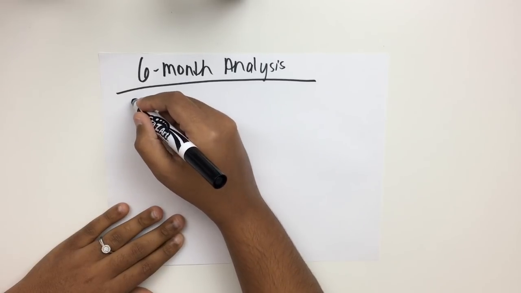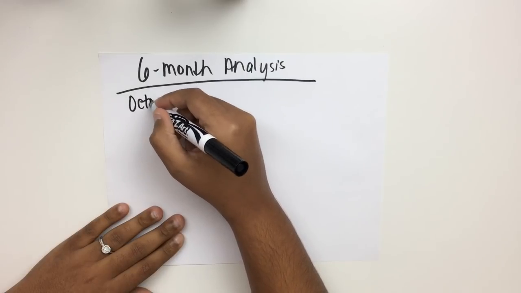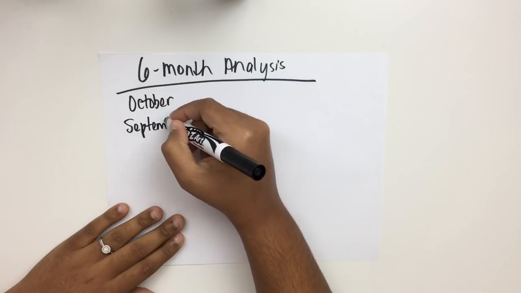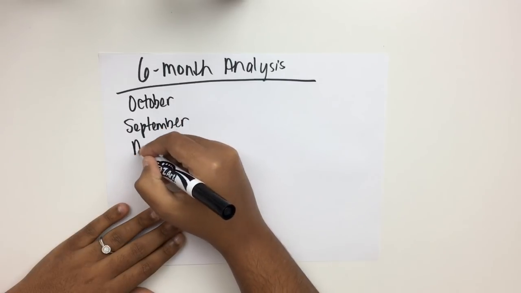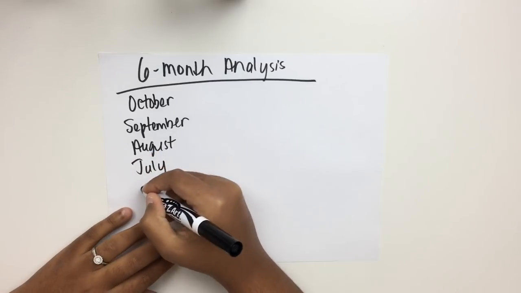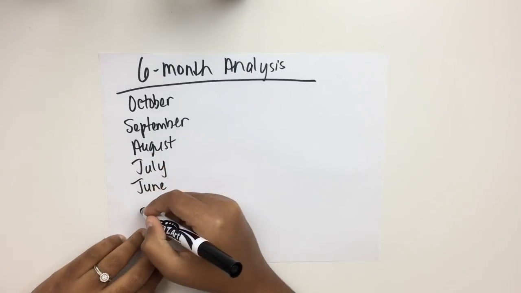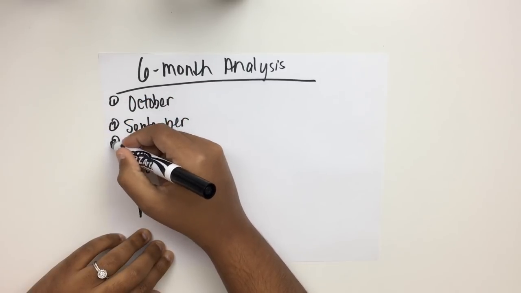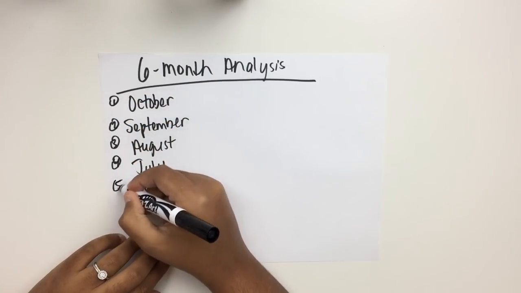So let's just do October, September, August, July, June, and May. 1, 2, 3, 4, 5, 6.